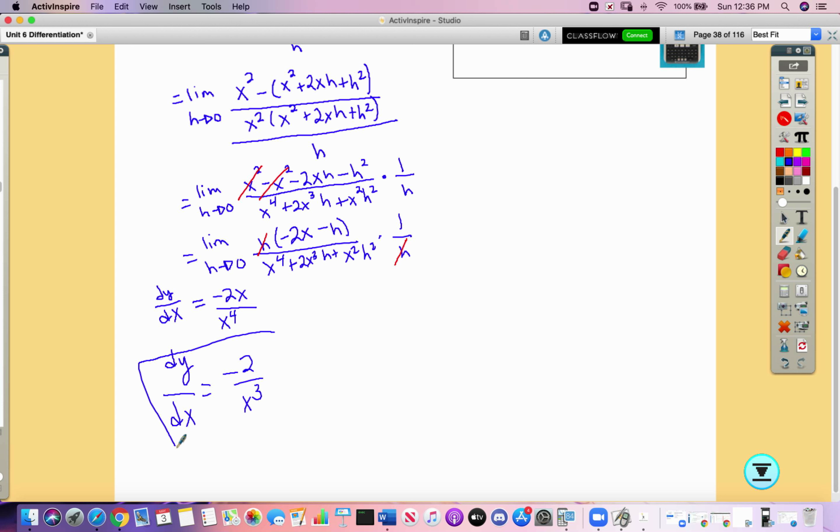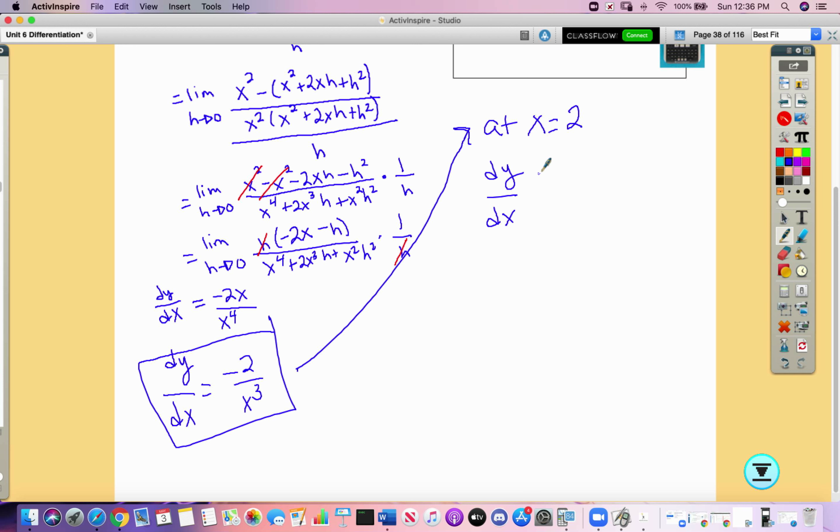So we've got our derivative. But that's not enough because they wanted us to find out what the derivative was at x equal to 2. So at x equal to 2, dy dx is equal to negative 2 divided by 2 cubed.